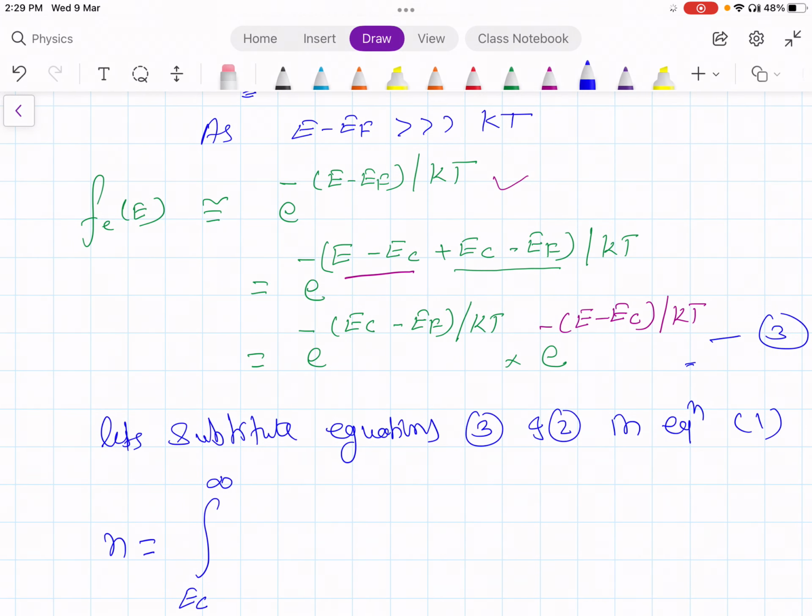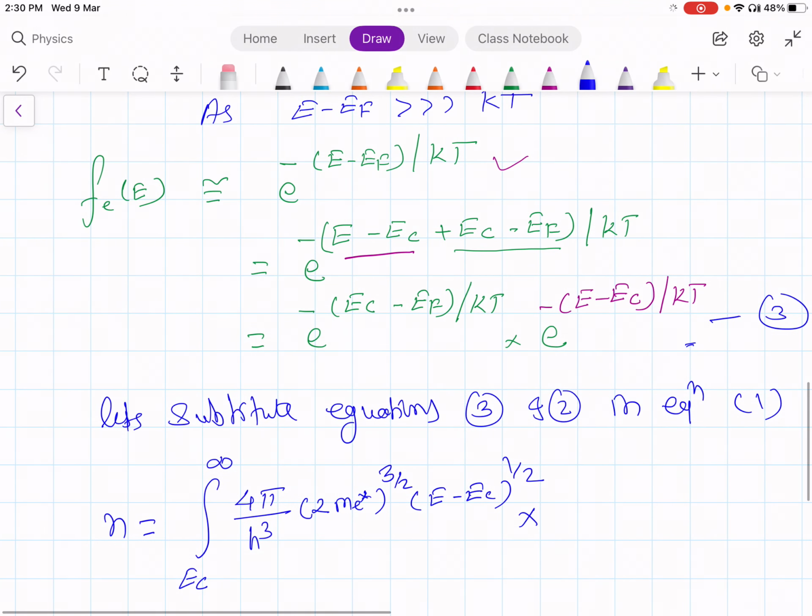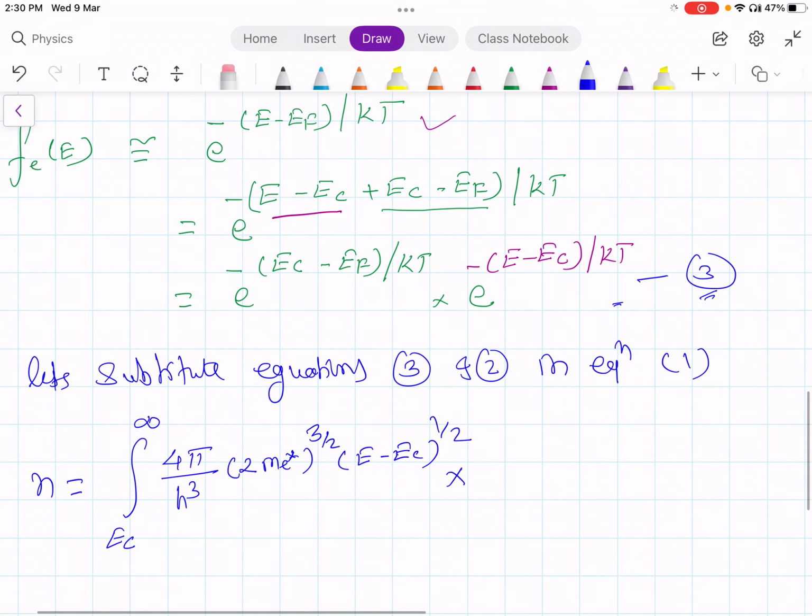So GC of E is 4 pi upon h cube, (2 me star) raised to 3 by 2, into bracket (E minus EC) raised to half, into equation 3, Fe of E, that is nothing but e raised to minus of (EC minus EF) by kT, into e raised to minus of (E minus EC) by kT, into dE.